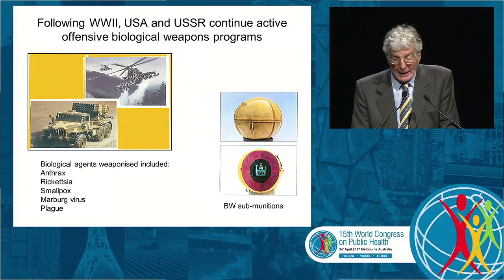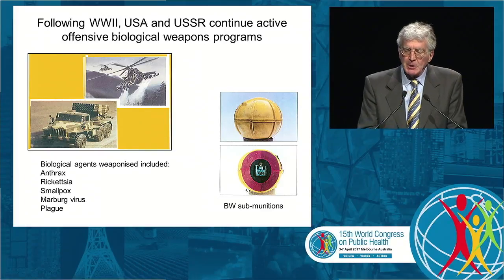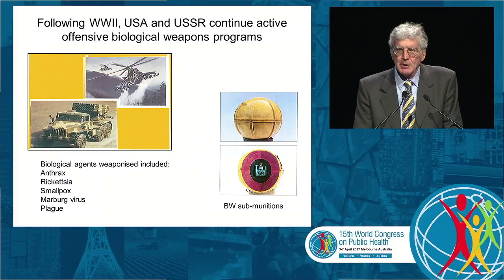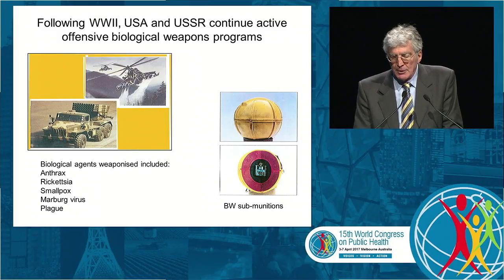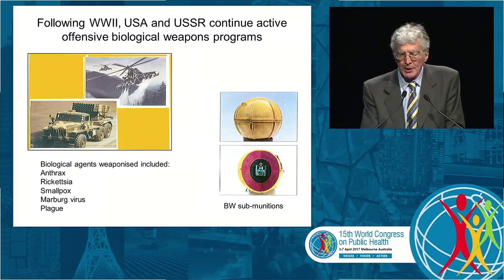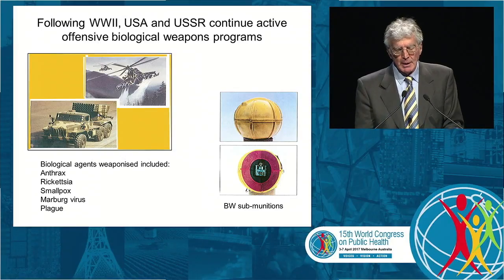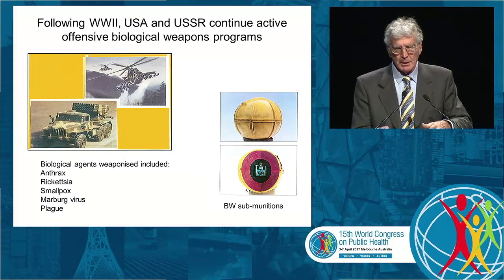Russians developed, well, and the US as well developed, submunition systems which were designed to release pathogens more effectively. You can imagine that biological materials are fairly unstable with temperature and also pressure increases. So it turned out the most effective way of delivering these pathogens was to have them inside a plastic ball, a submunition, within a delivery system.